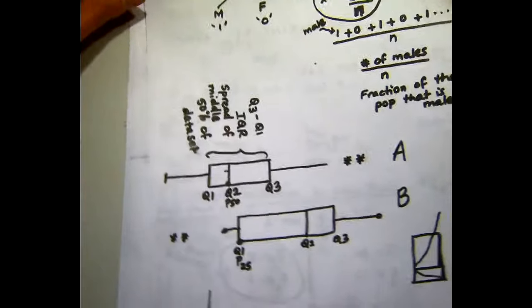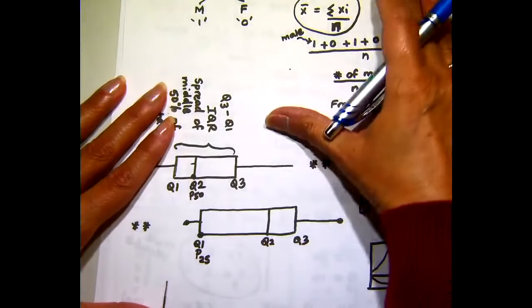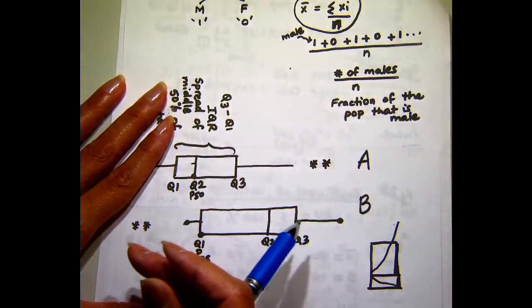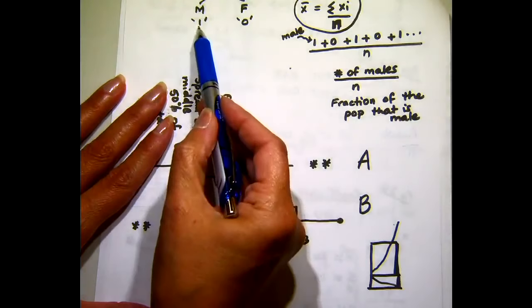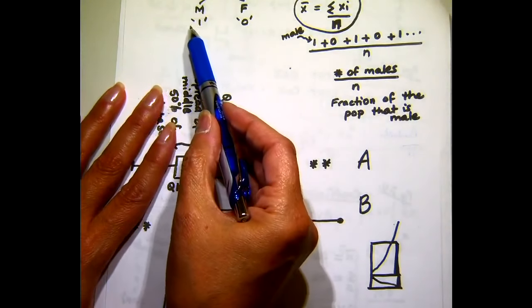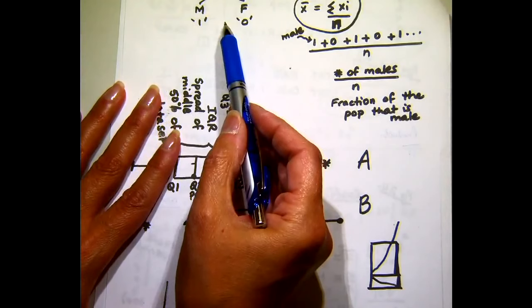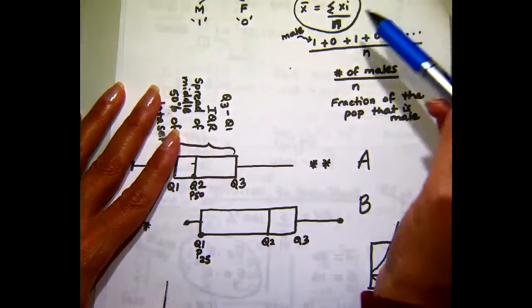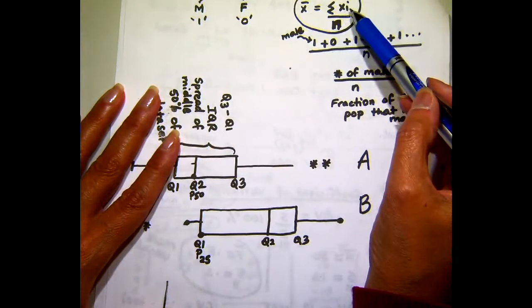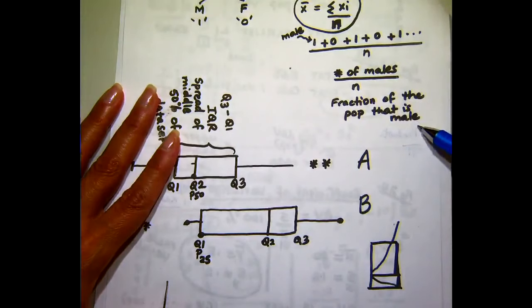Mean of dichotomous data, I think we did a couple of weeks ago, where if you have one that's represented by ones and one that's represented by zeros, then the mean would be the fraction of the population that gets the ones. Do you remember this or not?